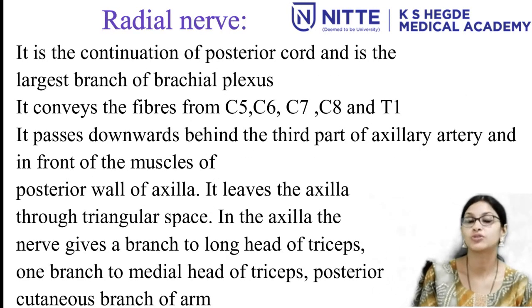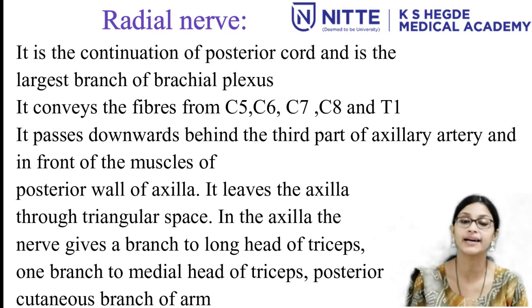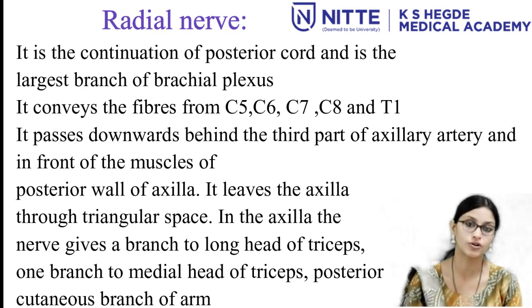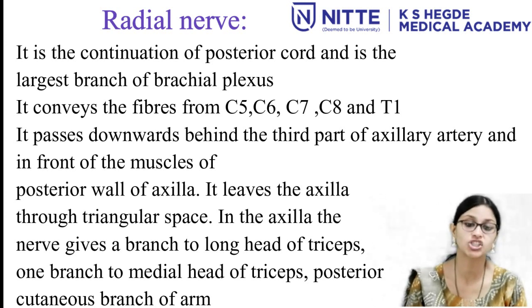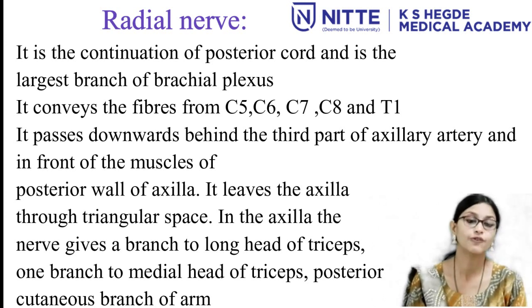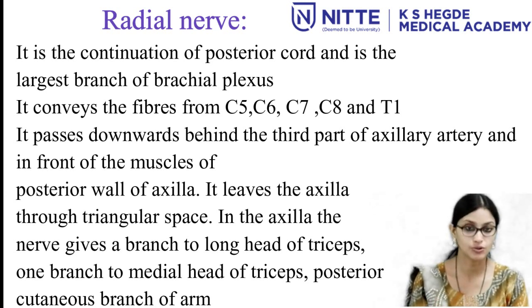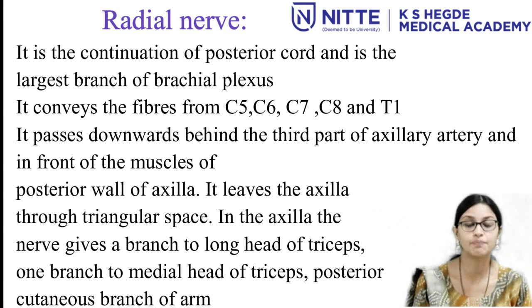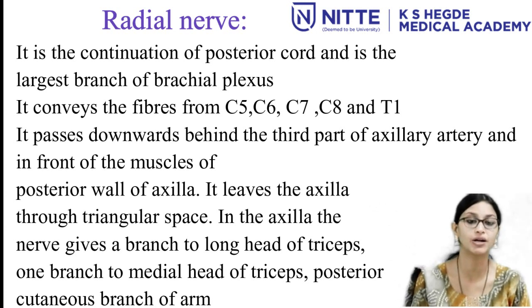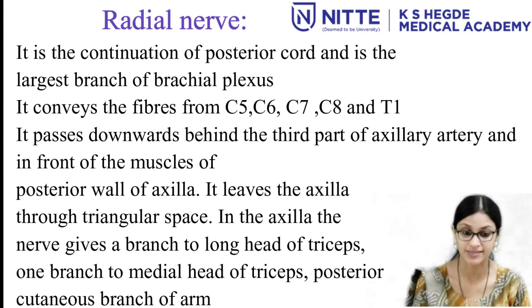Next, coming to the radial nerve, which is the actual direct continuation of the posterior cord of the brachial plexus. It is the largest branch that conveys the fibers from all the roots, that is C5, C6, C7, C8 and T1. It passes downwards behind the third part of the axillary artery and in front of the muscles of the posterior wall of the axilla.